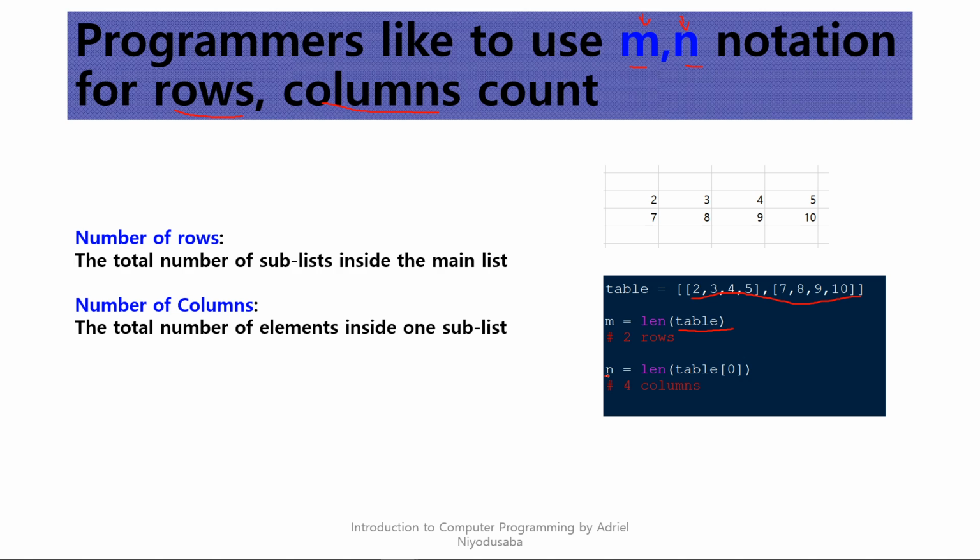And N, the number of columns, we grab the first sublist and figure out how long it is. So it's gonna give us 4, which is gonna be N. So this will be a 2 by 4 table. 2 rows, 4 columns for every row.